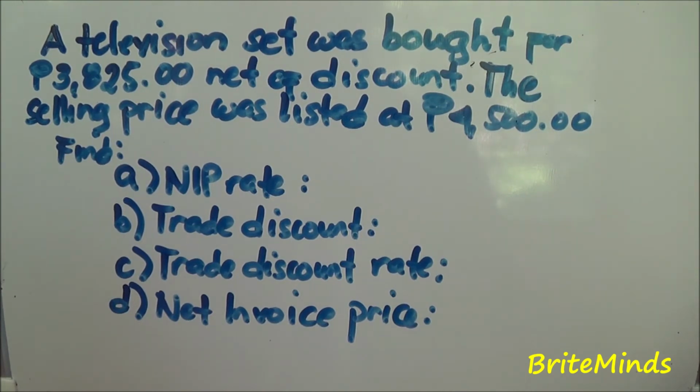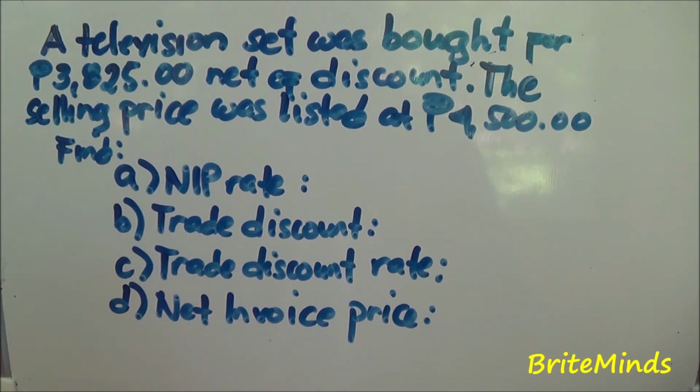The selling price was listed at 4,500 pesos. So the questions are: find A, the NIP rate, B, the trade discount, C, the trade discount rate, and the last, the net invoice price.